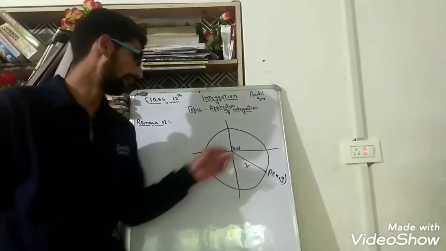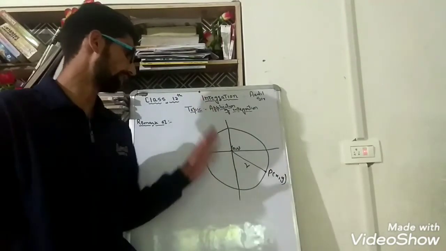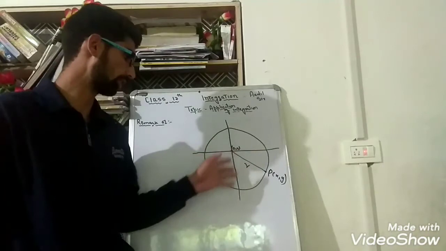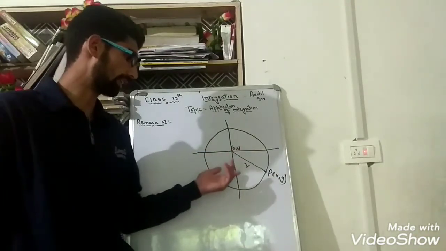So here I am taking a circle whose center I suppose is the origin, that is 0, 0, and the radius I am taking as r.